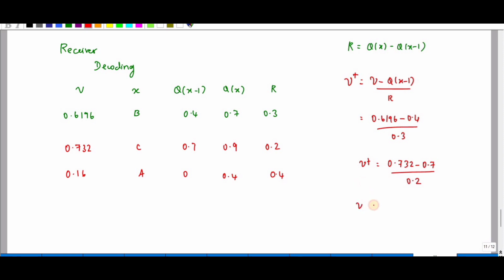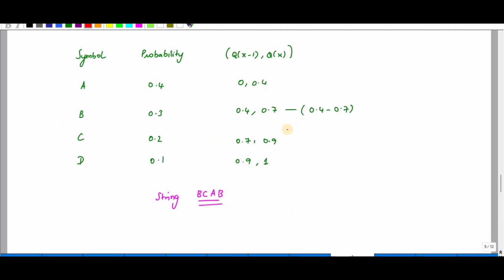Substituting 0.16 minus 0 divided by 0.4, I get 0.4. Since I took the tag value as the minimum value, I have to choose B.